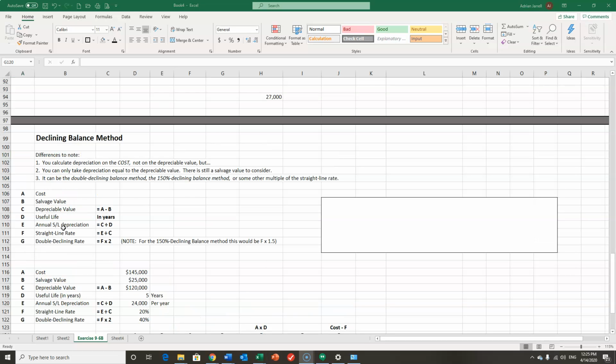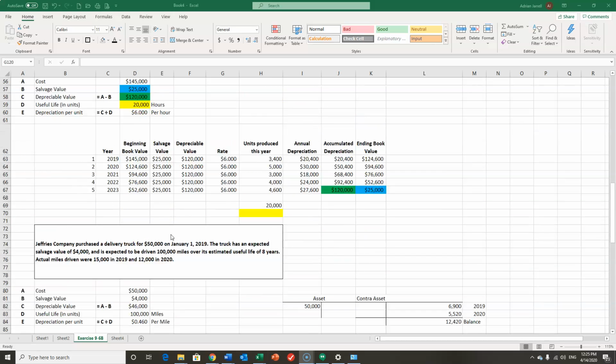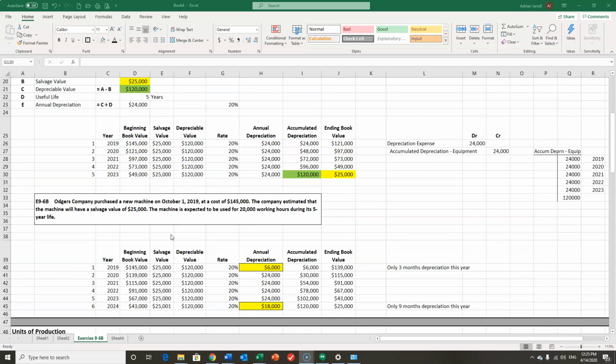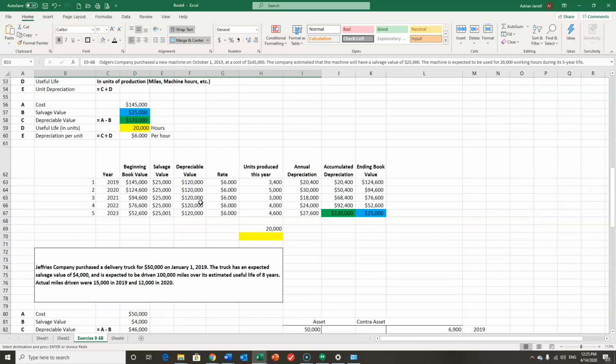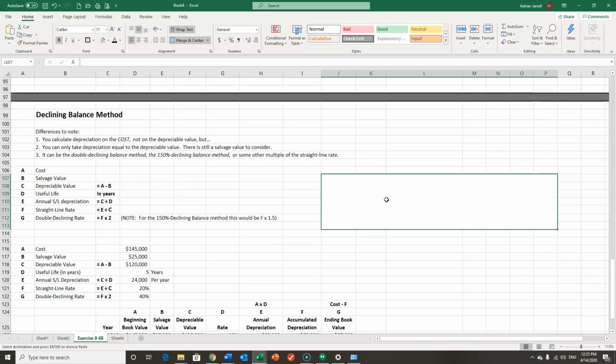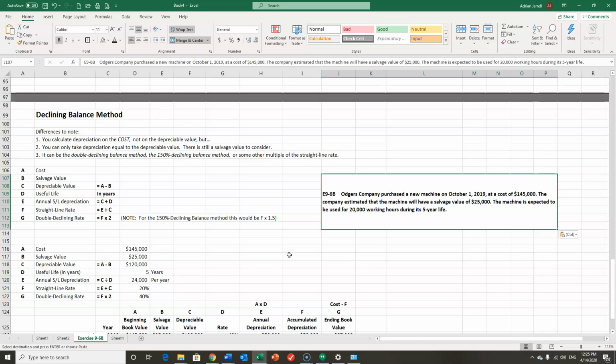So let's grab the instructions and look at those. All right, we have $145,000 of cost. The salvage value is still $25,000, leaving a depreciable value of $120,000. Useful life is 5 years.